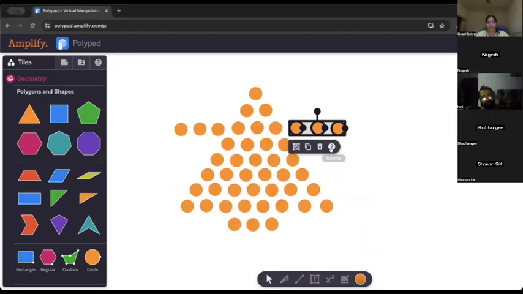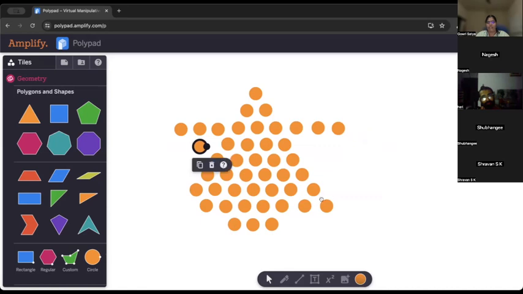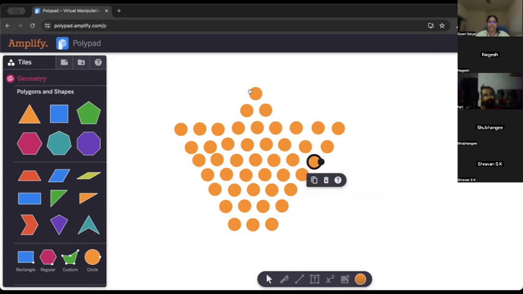No, 16 was the count. Let's see. Here, we can move 2 from each side. And then 1. So basically 3, 2, 1, 6 twice, and 3.